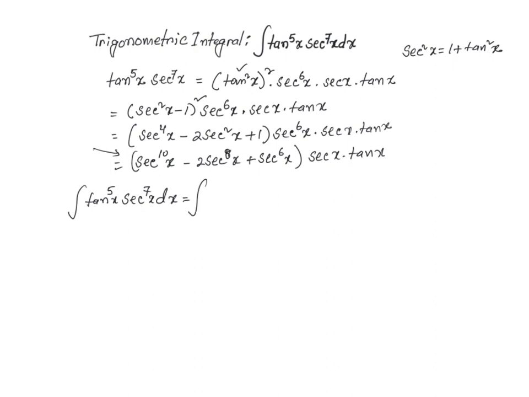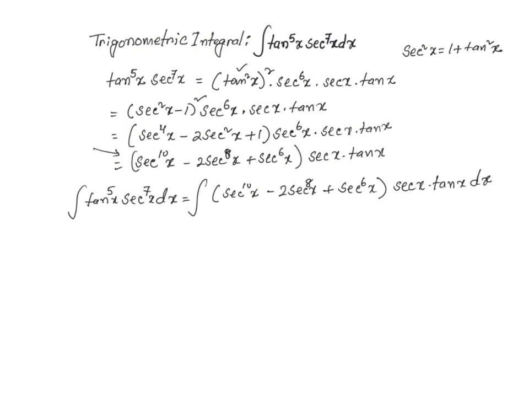So that is going to be the integral of secant to the power 10 x minus 2 secant to the power 8 plus secant to the power 6 x, times secant x times tangent x dx.